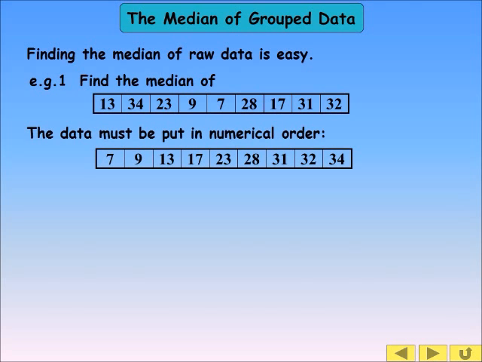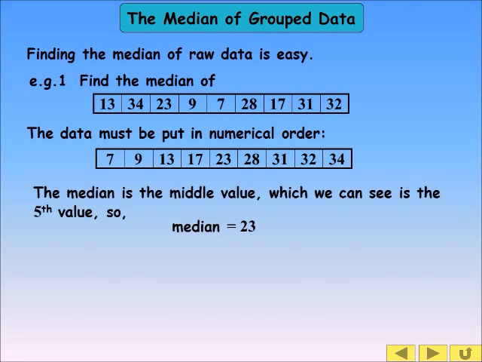You arrange the data from the smallest, or the lowest, to the highest. The data must be put in numerical order. When you arrange it, it is 7, 9, 13, 17, 23, 28, 31, 32 and 34, right?